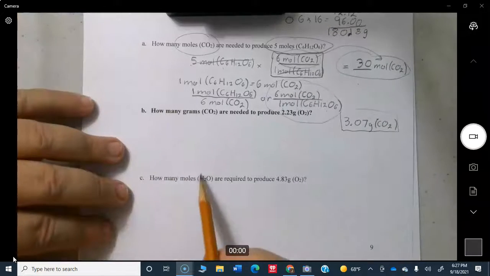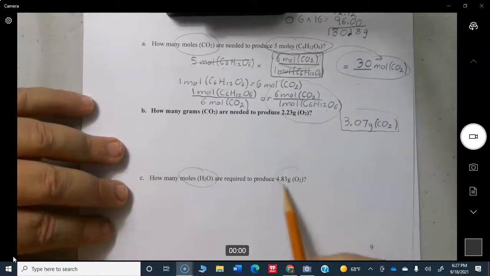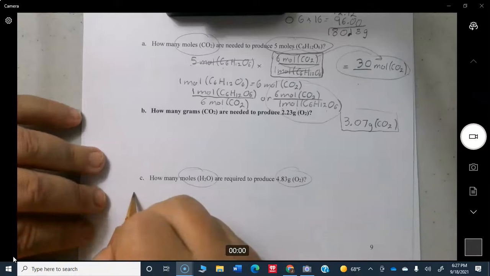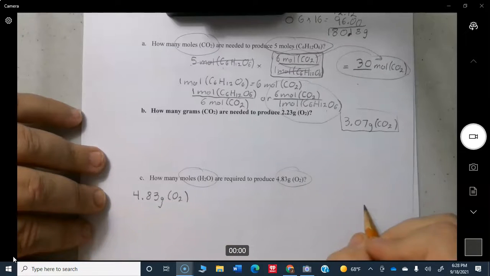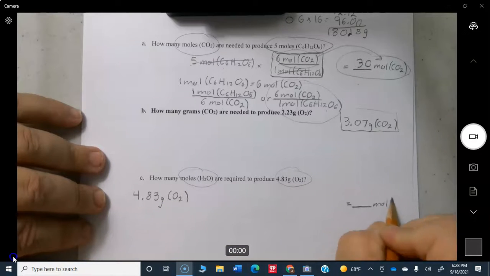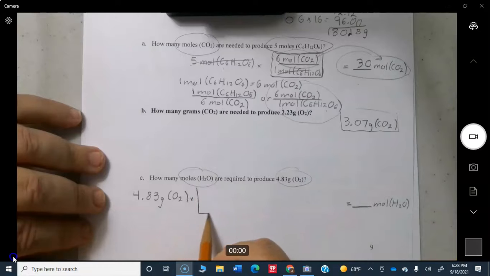So our unknown is moles of H2O. What we know is 4.83 grams of O2, excuse me. And over here is, okay, and that's 2 conversions.